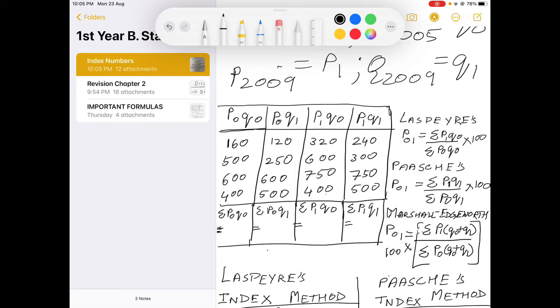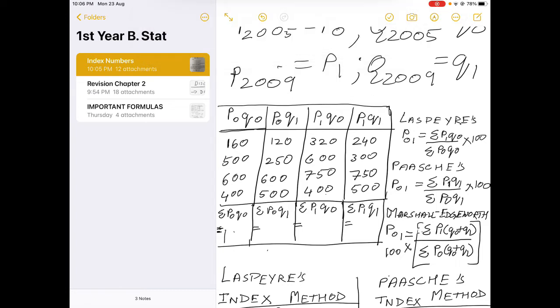When we do these multiplications, the final value which we need to obtain is the summation value. The sum of the P0 Q0 values is 1660. Summation of P0 Q1, so all the prices of 2005 into quantities of 2009, gives me 1470.